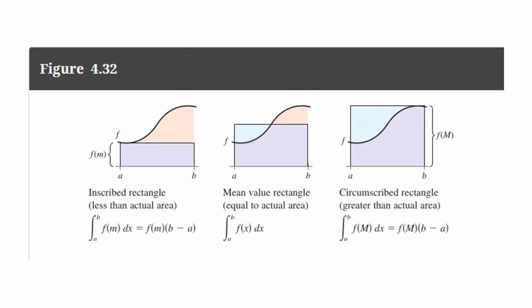In section 4.2, we saw that the area under a curve, which is this, is bigger than the area of the inscribed rectangle, and it's smaller than the area of the circumscribed rectangle, which is this.